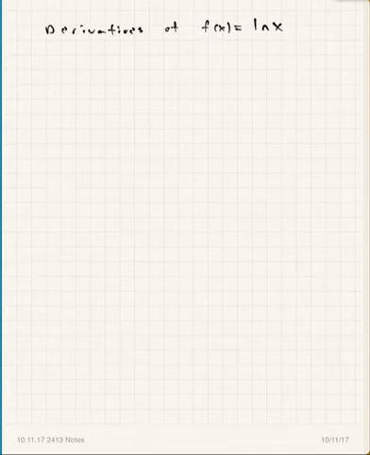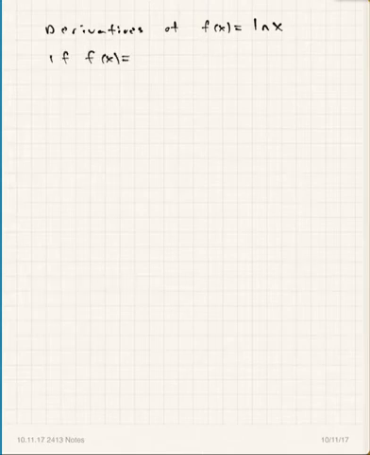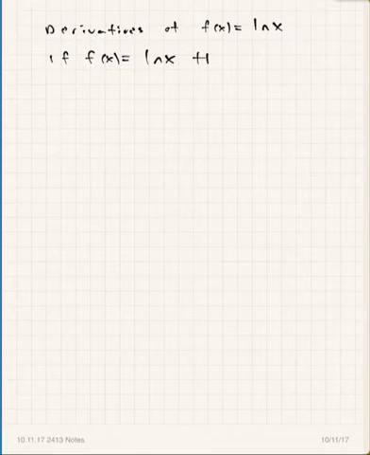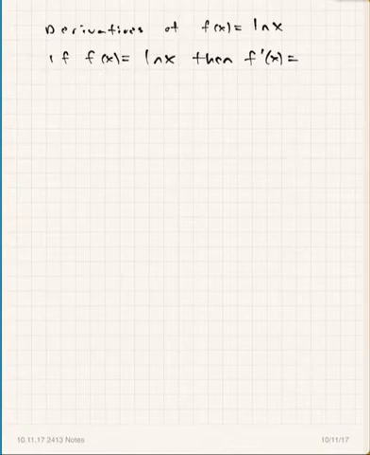If f of x equals natural log of x, then f prime of x is equal to, and that's what we want to do, is figure out or get some idea of what that function might be.